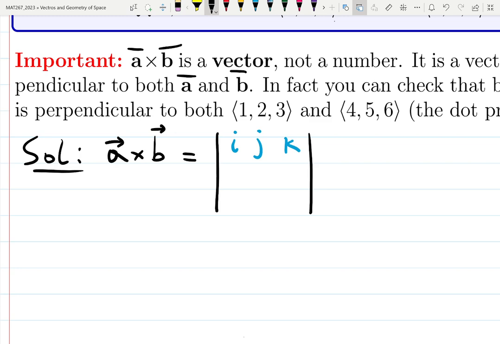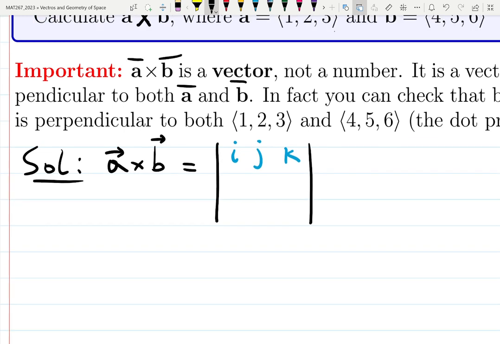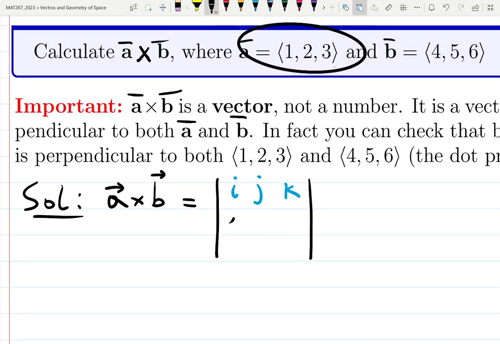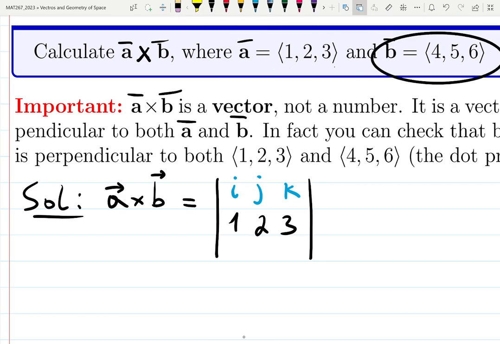And then you put your vector A, 1, 2, 3, then vector B, 4, 5, 6, in order, like so. That's the beginning. You created the determinant of the matrix that has 3 rows. The first row is i, j, k, and then your other 2 vectors. So we're finding the cross product between those 2 vectors.